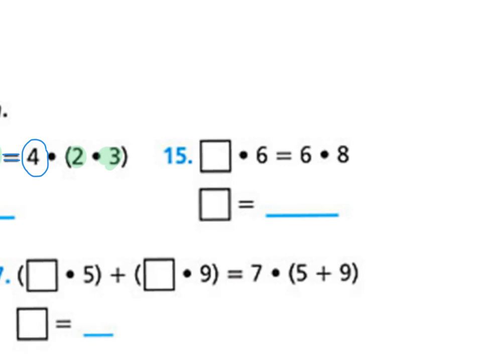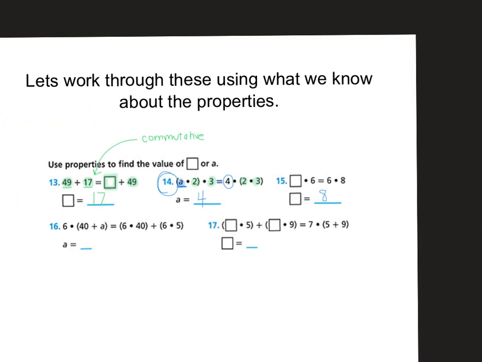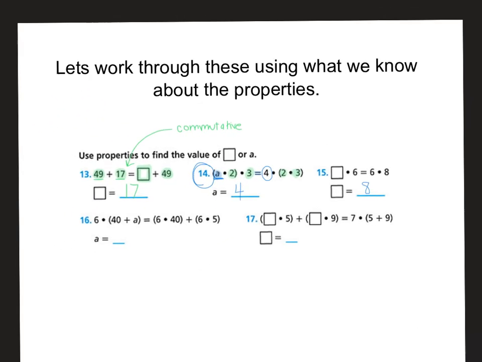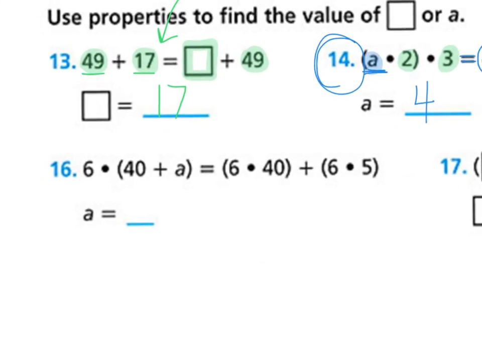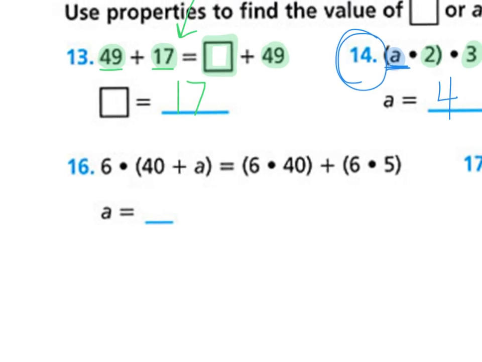See if you can solve number 15. Pause the video until you have your answer. You should have gotten 8. 8 times 6 is the same as 6 times 8. Number 16 is challenging.